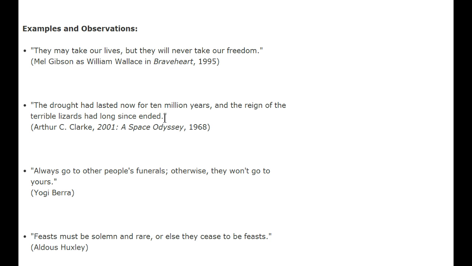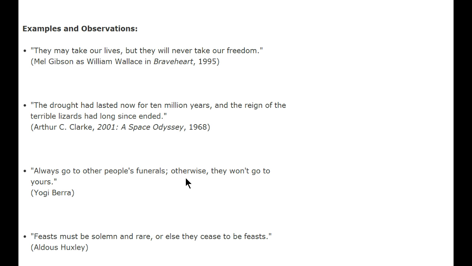You can see these are two sentences that are joined by the conjunction and. Always go to other people's funerals; otherwise they won't go to yours.